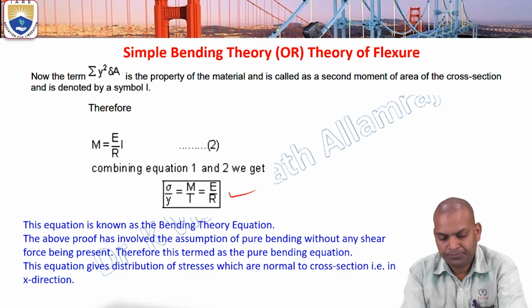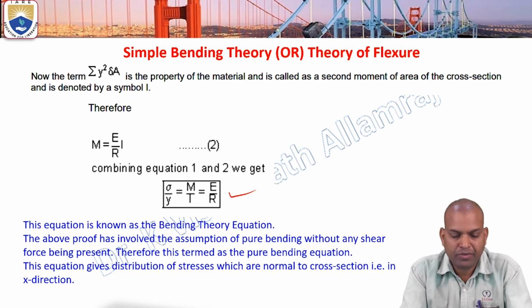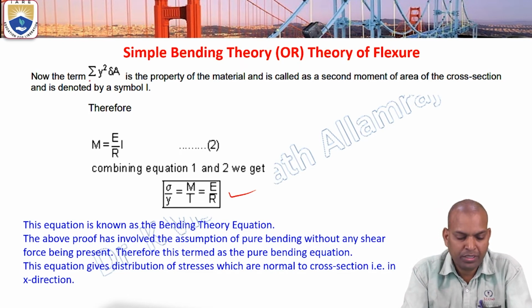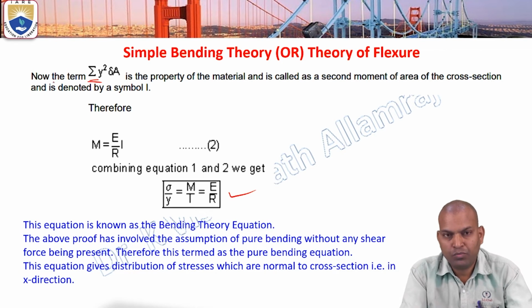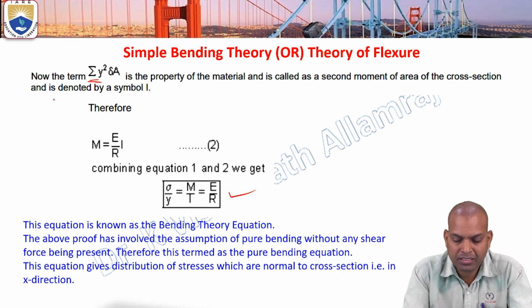Now here this sigma of Y square dA is the area moment of inertia, that is the property of the section, called the second moment of area, known as moment of inertia, area moment of inertia.